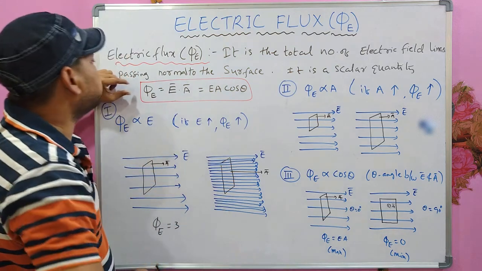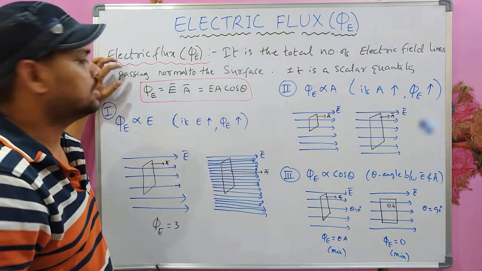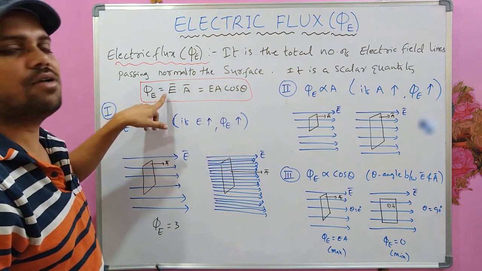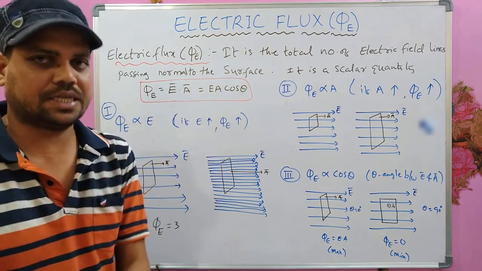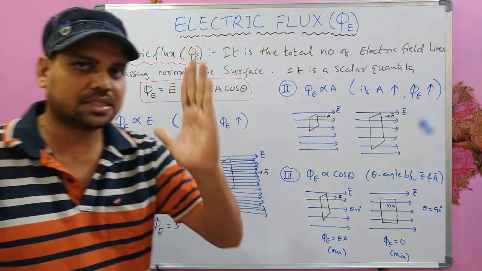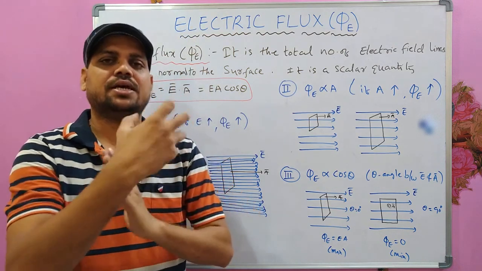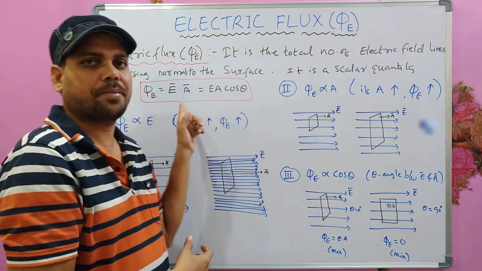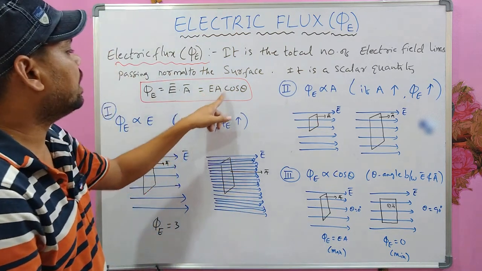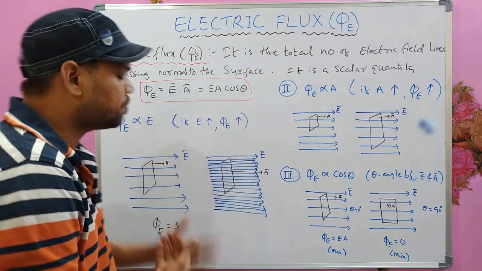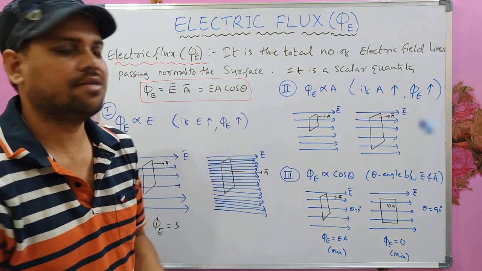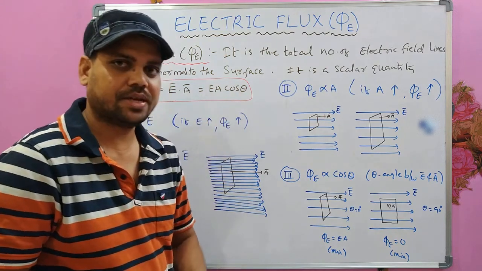The formula for electric flux is phi_E equal to the dot product of the electric field and the area vector of the surface through which the electric field lines are passing, E A cos theta. Because it is a dot product, it does not have any direction; the resultant is a scalar.